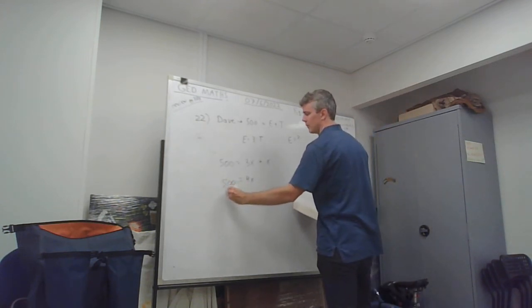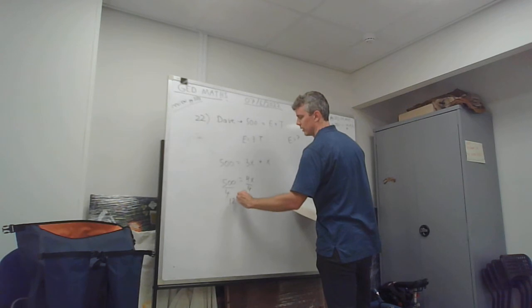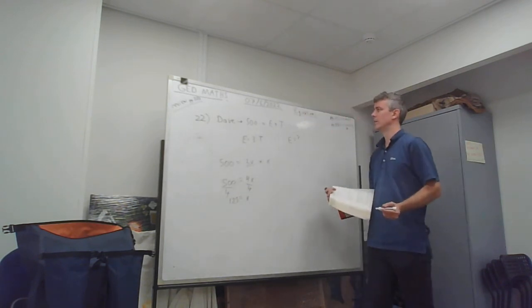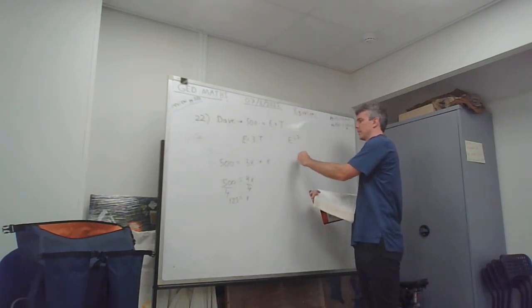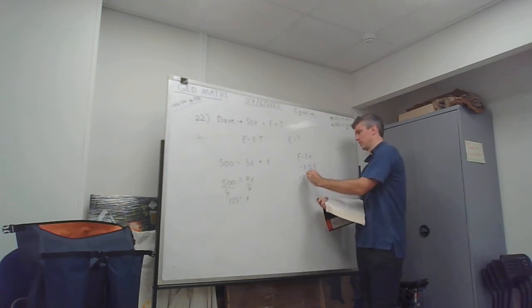Divide both sides by 4. And x equals 125. Correct. And now, Eric is 3x, right? Equals 3 times 125. Which equals, what was that? 375.